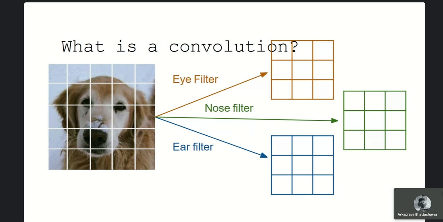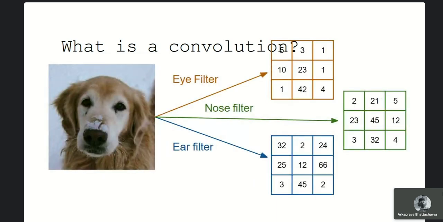Because you have different features like eye, nose, ear, you can use multiple filters, pass them through your image, and get the features of your image. And what are these filters? They are nothing but 2D matrices consisting of some real numbers. What computation these 2D matrices do, we'll see in the coming slides.